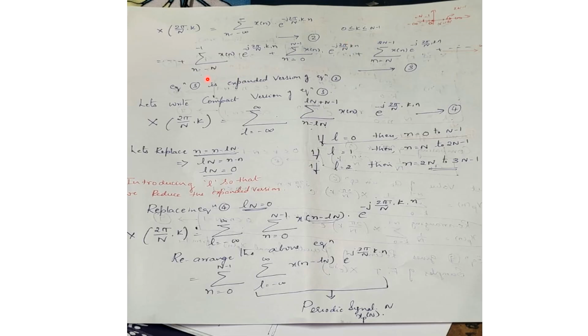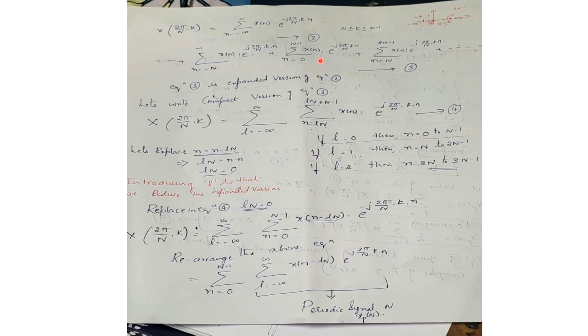So the summation becomes n equal to minus N to minus 1 of x of n into e to the power of minus j 2 pi by N kn, plus 0 to N minus 1. So here from minus infinity to 0, we are considering minus N to minus 1. Then 0 to N minus 1, plus N to 2N minus 1.